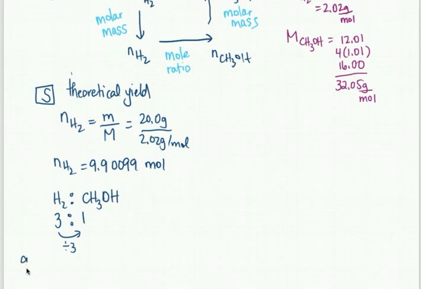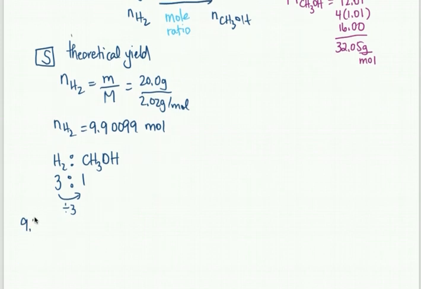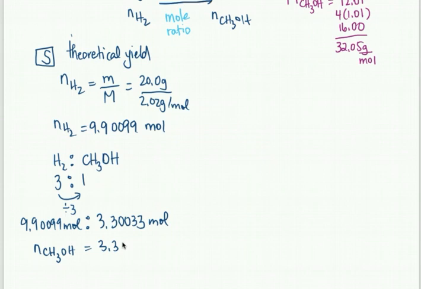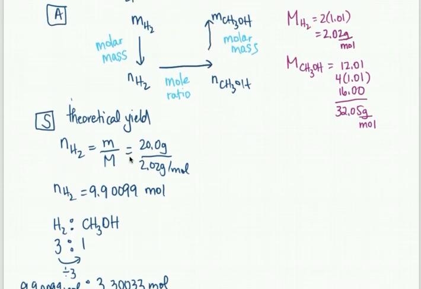Okay, so if we have this 9.90099 moles of hydrogen, we're going to divide that by 3 to find the amount of methanol. Okay, so there's our amount of methanol. All right, okay, that's the mole ratio step.